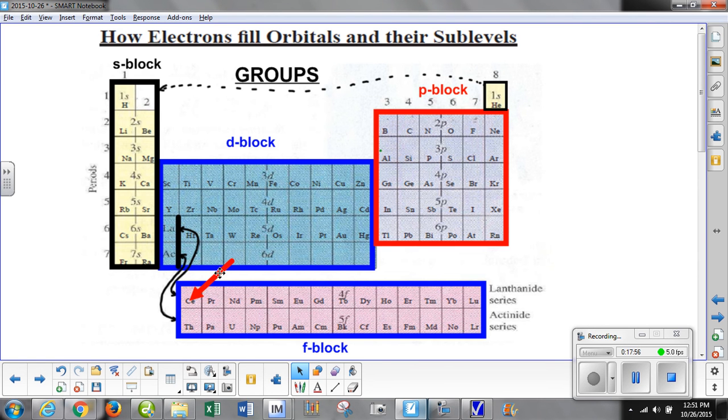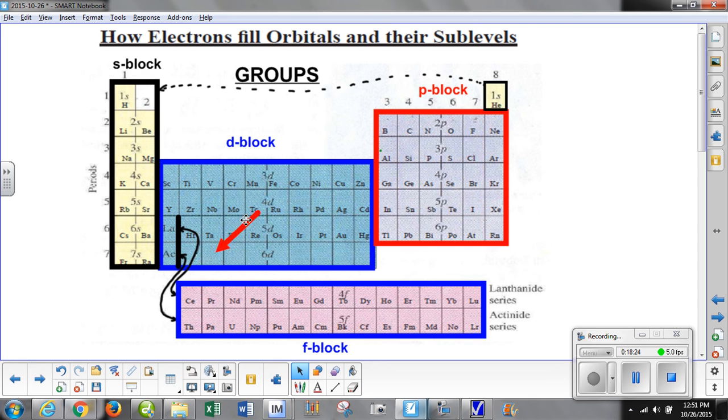And that's how you know that the cerium here knits right in here. So the next thing we do when we fill up this whole row is we're going to go back up here and continue across. So we literally do 6s, come down and do the 4f, all of which are full because we're going here.